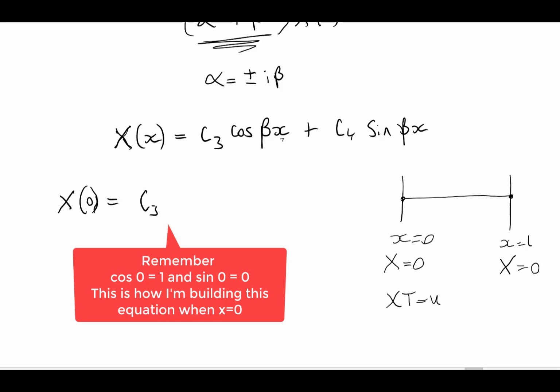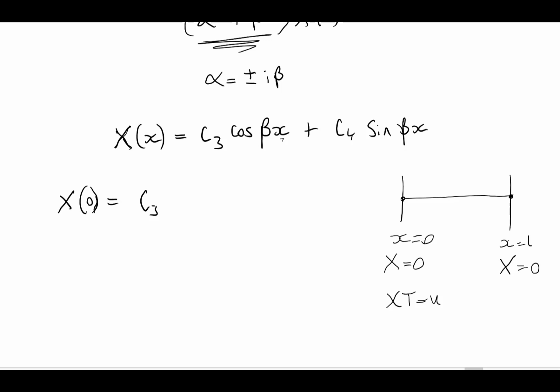So we'll find that X of 0 is equal to C3, and that must be equal to 0, so this tells us that C3 is equal to 0. Because of our boundary condition at x equals 0, C3 is equal to 0. That leaves us with our possible solution of X equal to C4 sine beta x.